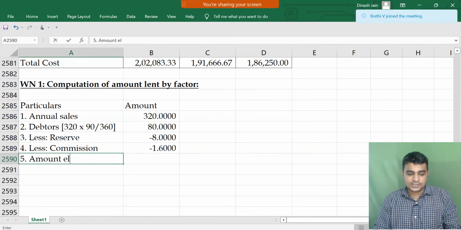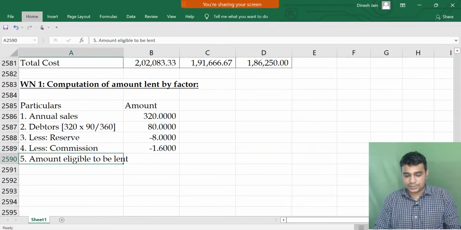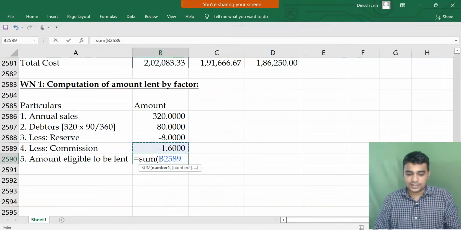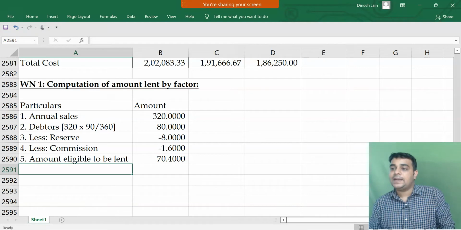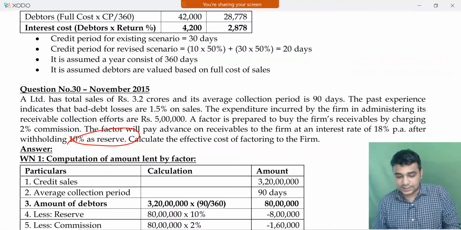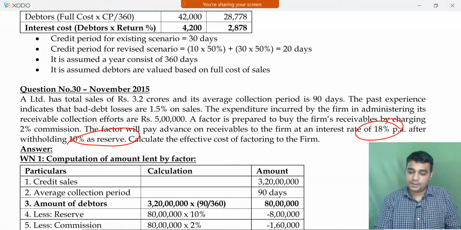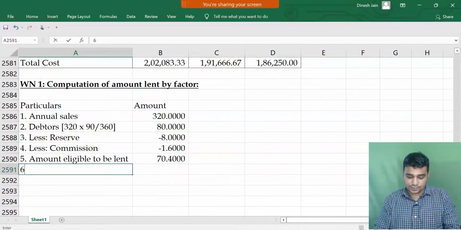Amount eligible to be lent: ideally this much money I should get from the factor. Now the factor is going to say I'll give you this money, but let me deduct my interest also. There's an interest cost of 18%, so he will deduct this also.